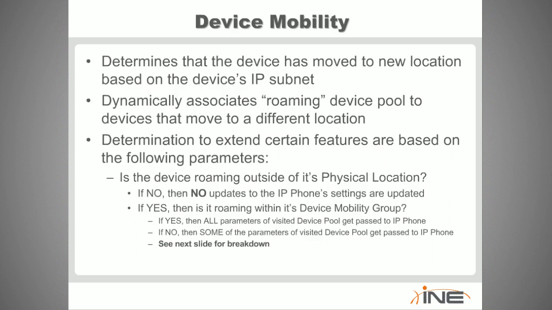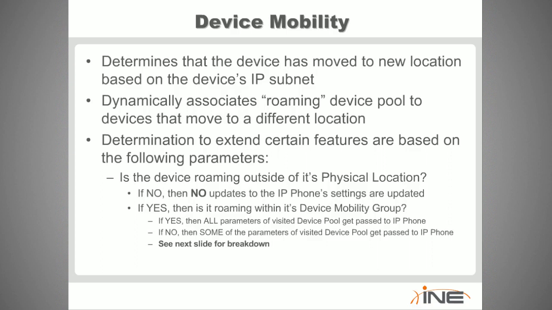If I were to head down the elevator, go out my building and take my 7921 wireless phone over to the other building, once I associate with an AP, there's going to be a subnet.